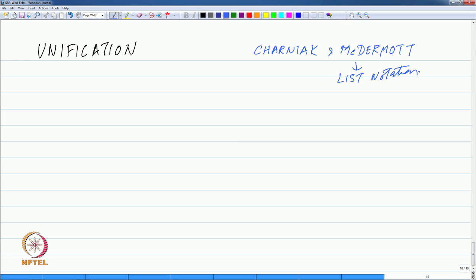So, in this list notation, this statement, for all x man x implies mortal x, which has become our favorite statement, will be represented as follows. I will just use this illustration and you can work out how this list notation works.